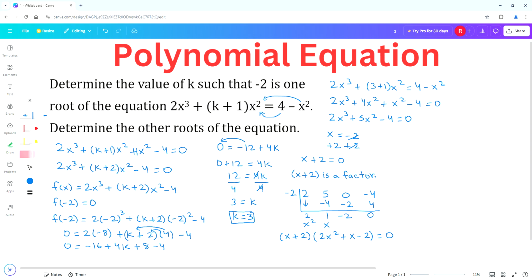It is not possible to factor this equation, so we'll have to use the quadratic formula to solve it. We should set it equal to 0.